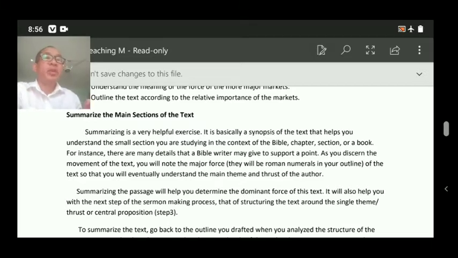So summarizing: you start the outline, you start to divide your text. We call it structuring the text. You divide it with the help of grammar, as we have learned from Ezra 7:10, with a small word like "and".